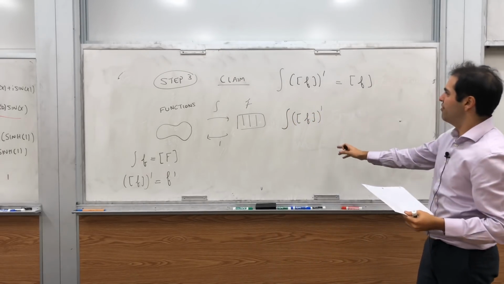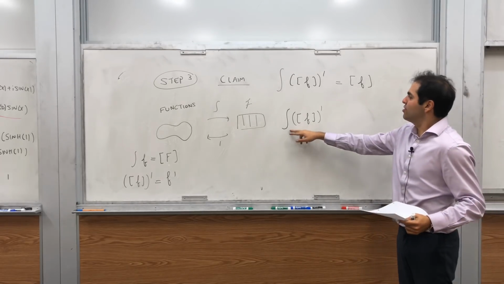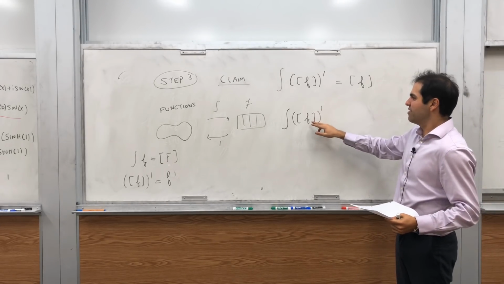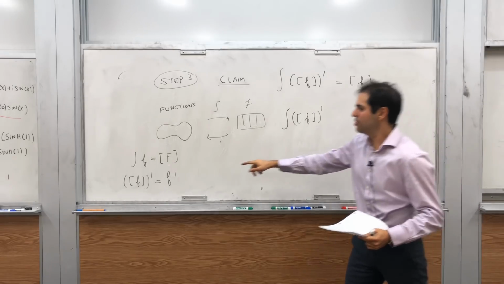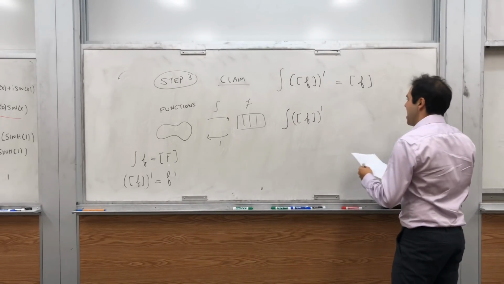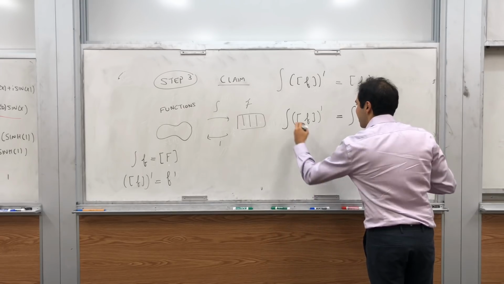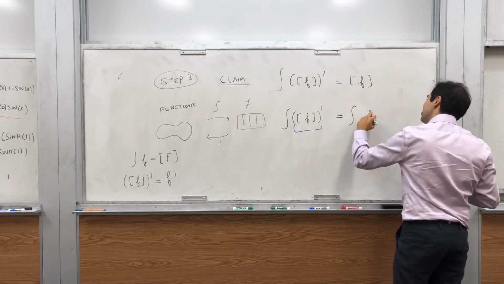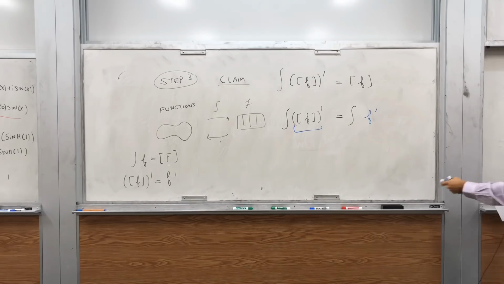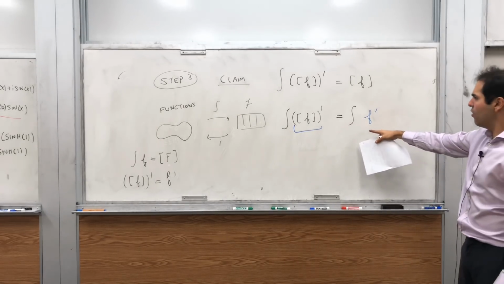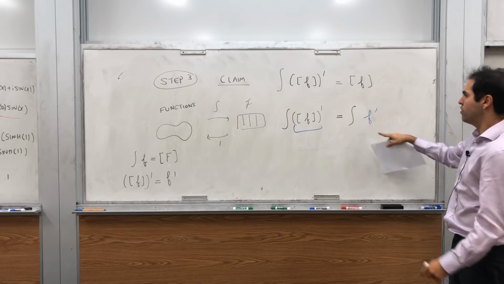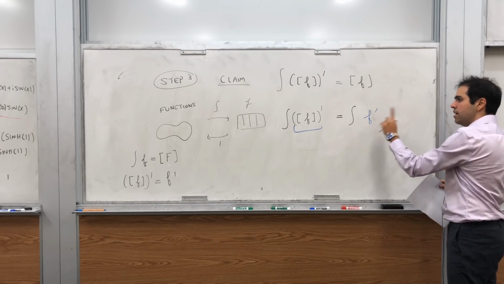let's just use the definitions. So, the superintegral of the superderivative of the class of f, you just use this definition, and by definition of that, that's equal to the integral of f prime. Okay. And now, what is the superintegral of the ordinary derivative?